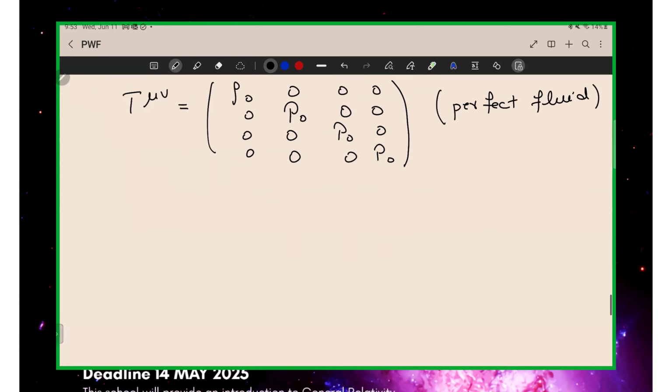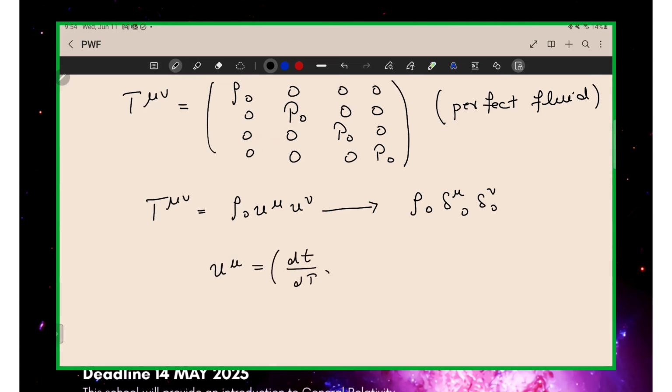For comparison, if I remind you what was the expression for dust, it was this thing. In the rest frame of dust, it just becomes rho naught, and these become like zero, zero. Because if you look at the 4-velocity, which is this thing, in the rest frame, the 4-velocity just becomes this, which means that you have a non-zero contribution only from the zeroth component.